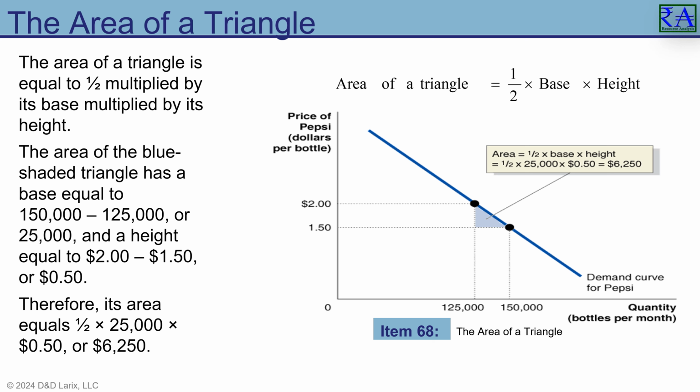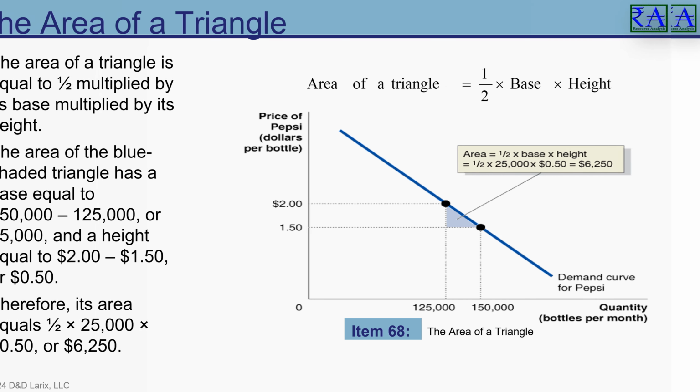Therefore, the area of the triangle is 1/2 times 25,000 times 50 cents, which equals $6,250. This geometric application is useful in economics to illustrate changes in demand when prices fluctuate. We will be revisiting these types of calculations frequently in this class.